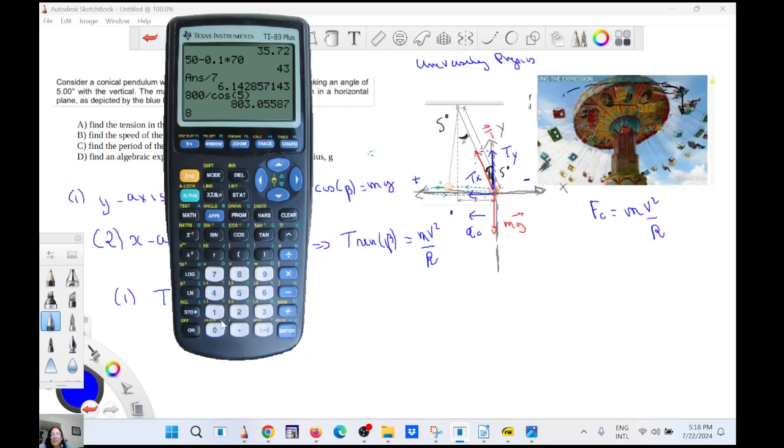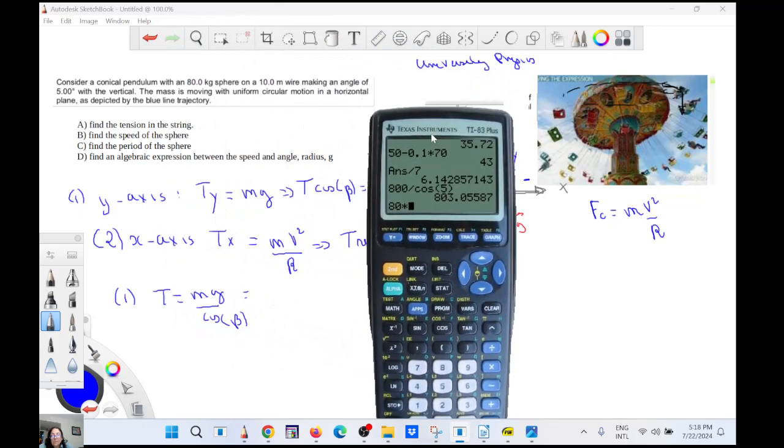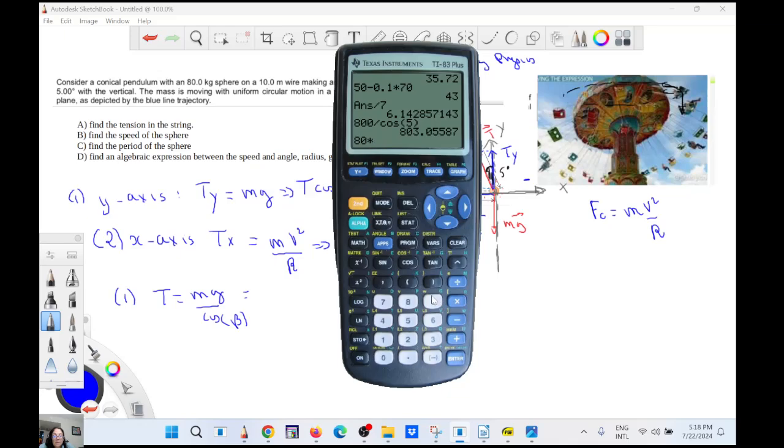So the mass is 80, and I'm going to take 9.81 for g, and then divide by cosine 5. So it's going to be about 788.